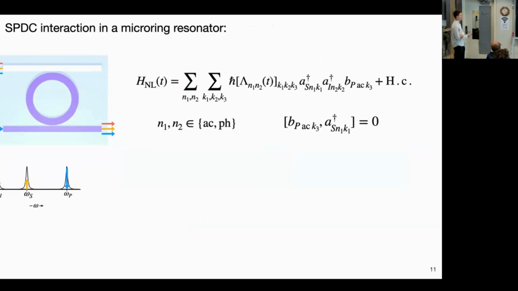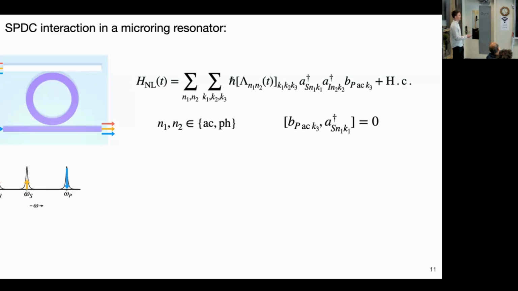And so here's the Hamiltonian for this interaction written in terms of these asymptotic fields. The B operators will be associated with the asymptotic in fields, and the A operators will be associated with the asymptotic out fields. And those operators commute with each other. So here what happens is that a pump photon, written in terms of the asymptotic in fields, will be annihilated in the actual waveguide with wave number K3.